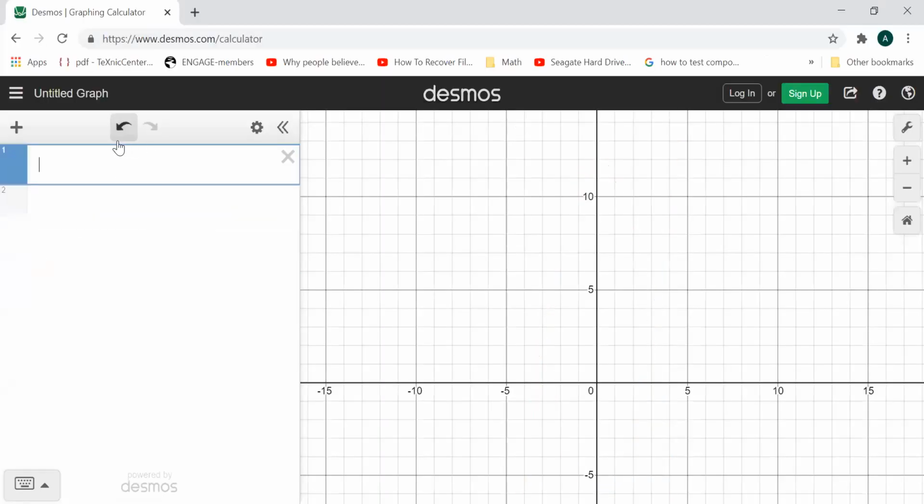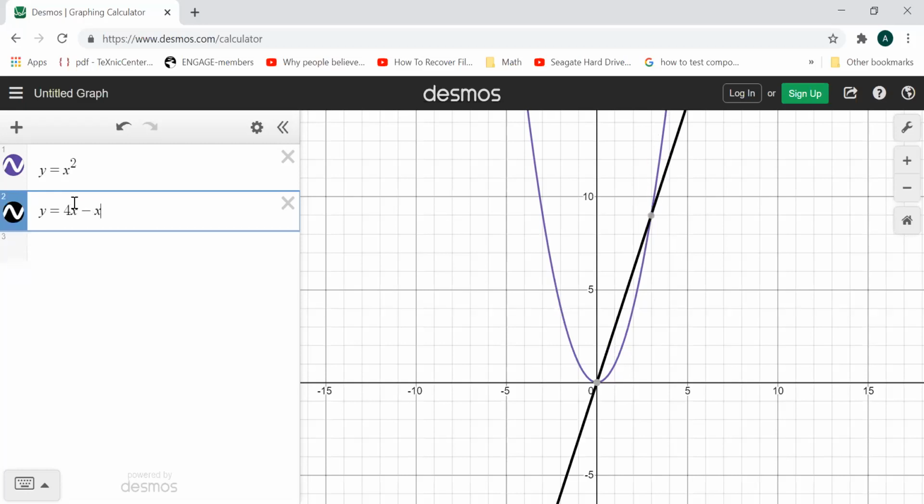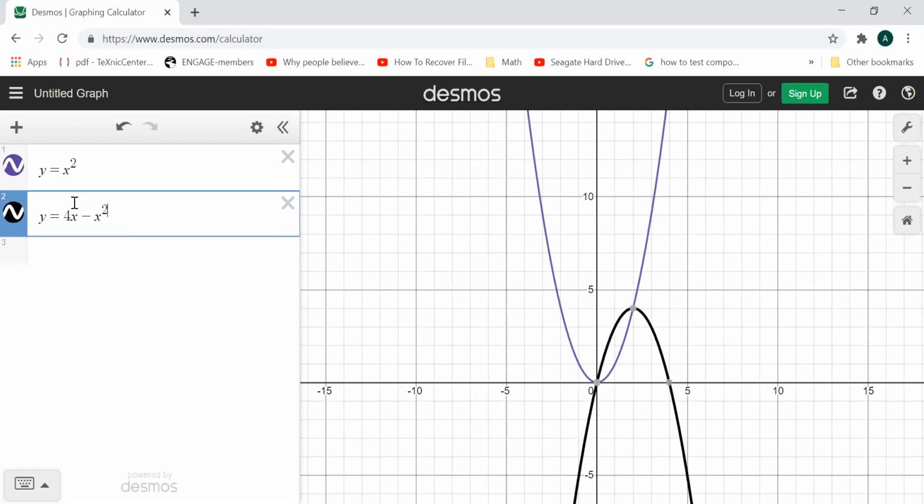So y equals x squared is one of them. The other one is y equals 4x minus x squared.